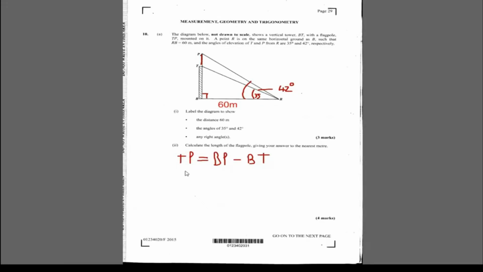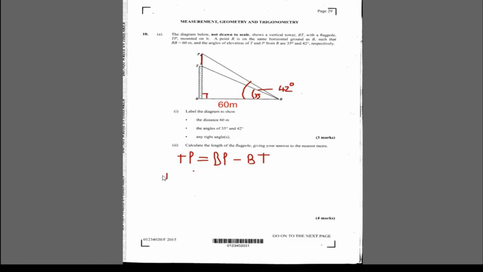To find the length of BP, cos 35 is adjacent... well, let's not use cos. Since it has to deal with opposite and adjacent, let's use tan.